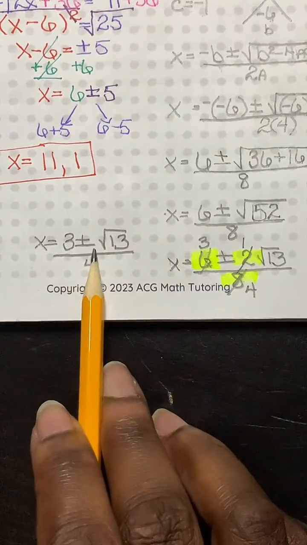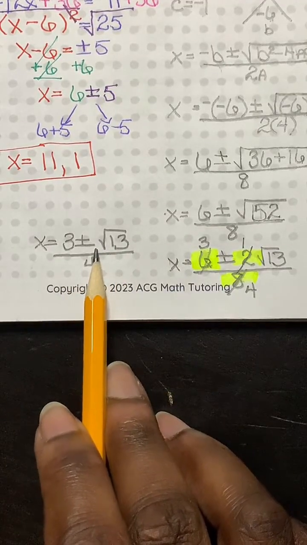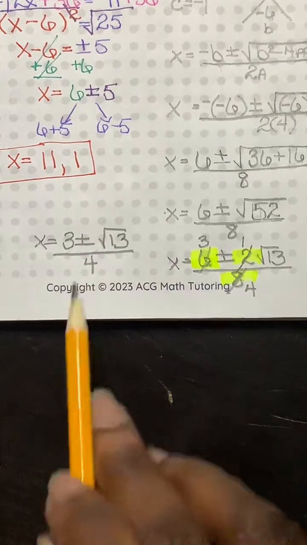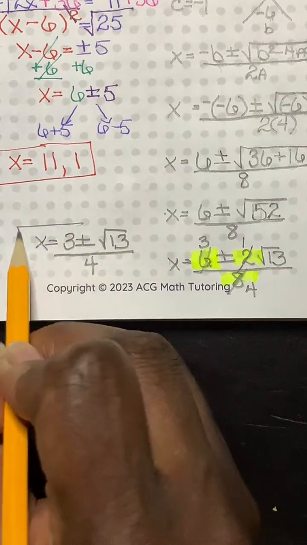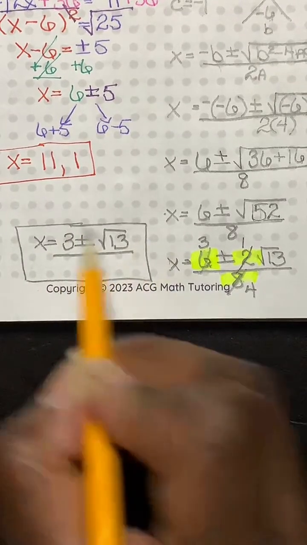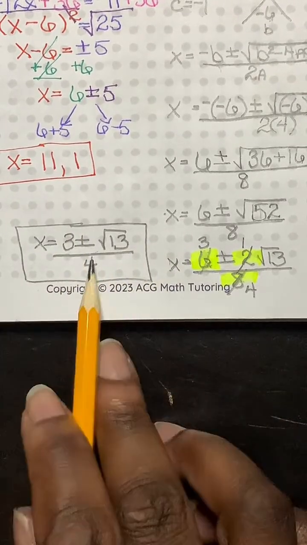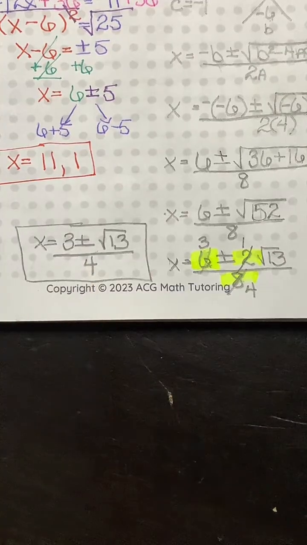I could put the 1 in front of that radical, but it's understood to be there because there's 1 square root of 13 there. This is my final answer, and it's 2 numbers because of the plus minus.